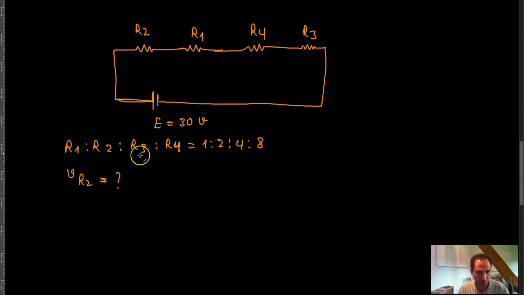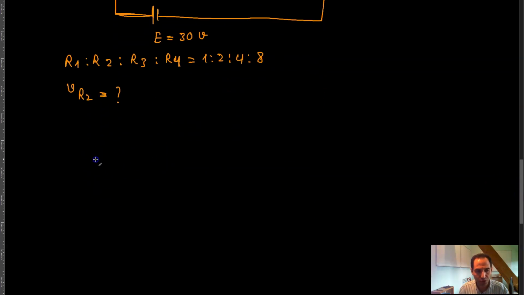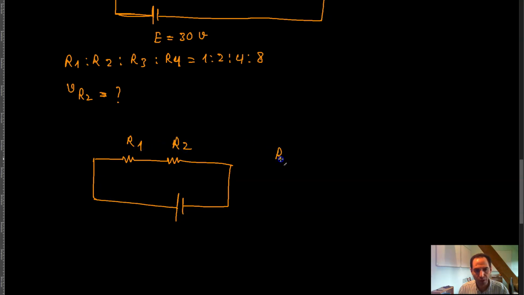Meaning that, for example, suppose that you have a circuit over here with two resistors connected to a power supply. If I say that this is R1 and this is R2, and R1 to R2 is equal to 3 to 4, you can assume that R1 is equal to 3 ohm, and relative to R1, R2 would be 4 ohm.